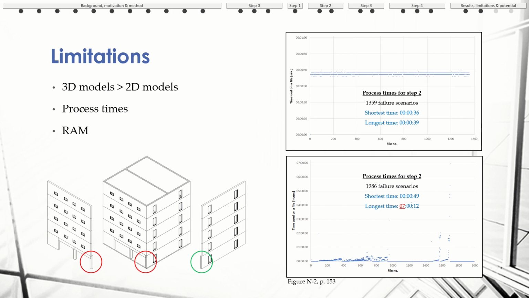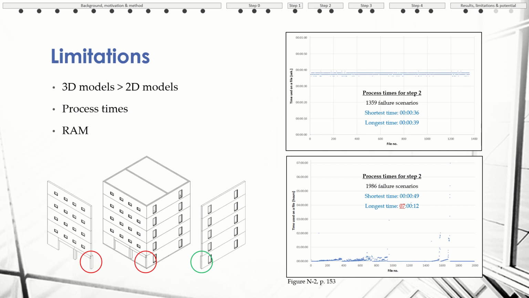Sometimes it goes up to as much as 7 hours for one file to be modified. And this was due to the computer's RAM being totally used, and we therefore had to stop the process, remove the RAM usage, and then start again.